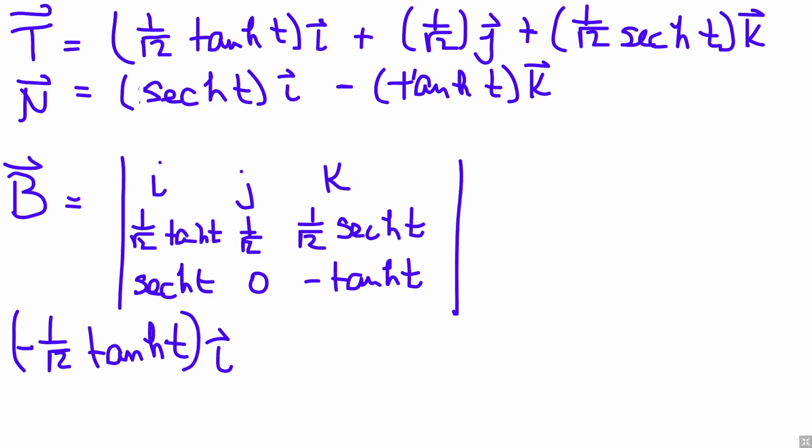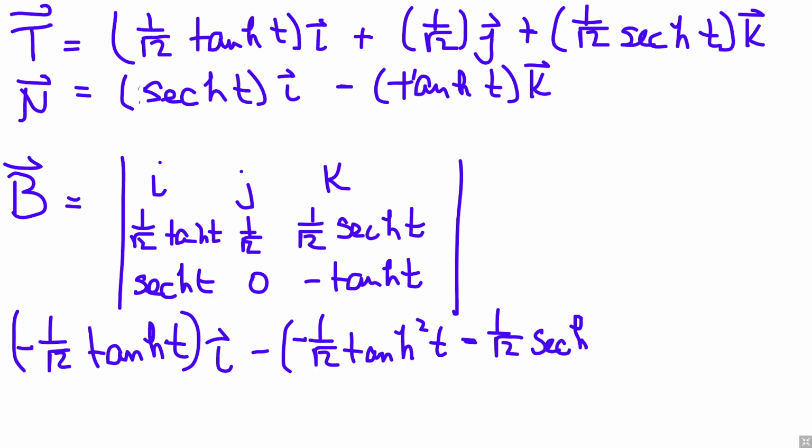For the j component, we're going to end up with negative 1 over the square root of 2 tangent hyperbolic squared of t minus 1 over the square root of 2 secant hyperbolic squared of t in the j direction.